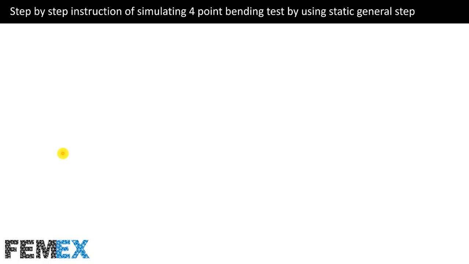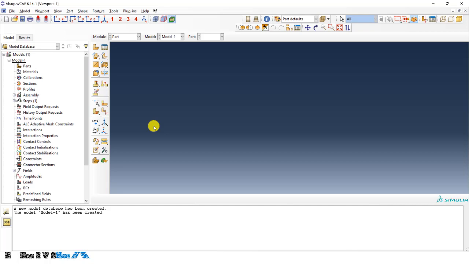Now, according to the demonstrated data, I'm going to model the 4-point bending test in Abaqus CAE. In the part module, I will define and design a roller and a steel bar.